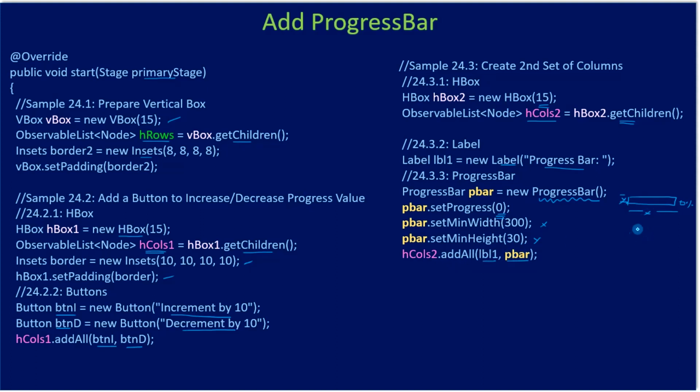And if you see, there are two HBoxes. This is HBox 1 and this one is horizontal box 2. For horizontal box 1, we are adding two buttons, increment by, decrement by. Then here we are adding a label, then the progress control.